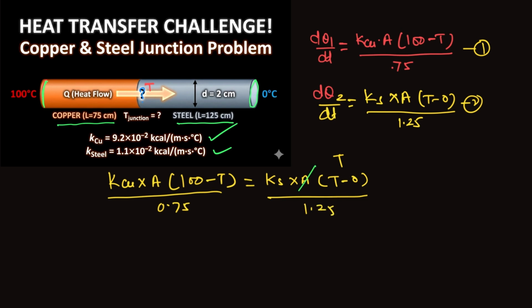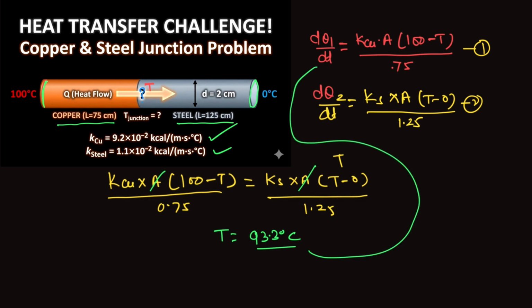A and A get cancelled, and after that if I calculate temperature, that temperature will be equal to 93.3 degrees Celsius.